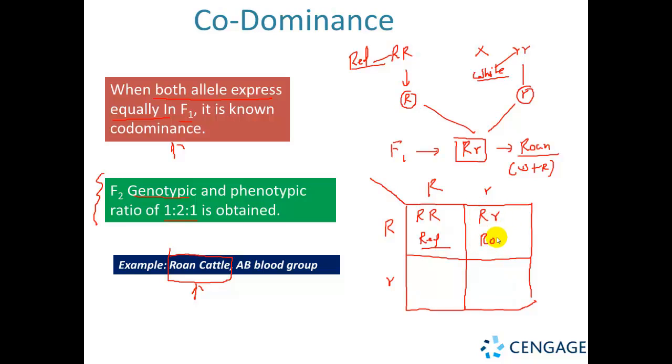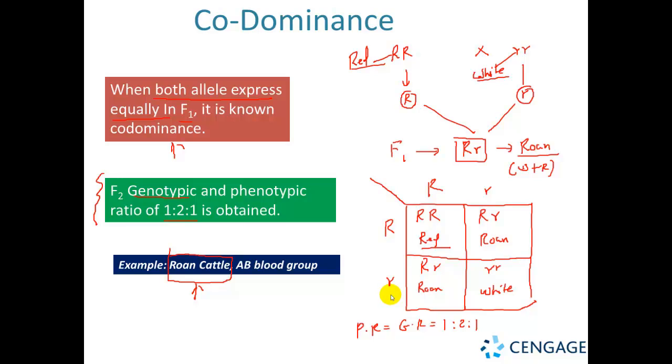Then we are going to have small r as well as capital R, this is going to be Rr, as we have discussed, and again we are going to have small r, that is going to give the white one. So again we see that phenotypic ratio is the same as the genotypic ratio, and that is equal to 1:2:1. So here the typical law of Mendel, that is the law of dominance, is actually not being followed.